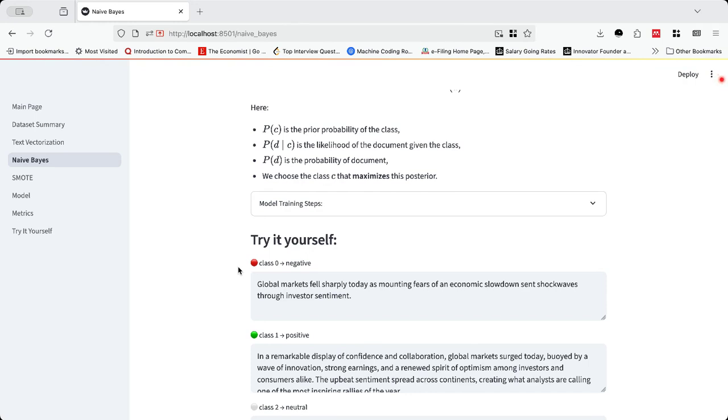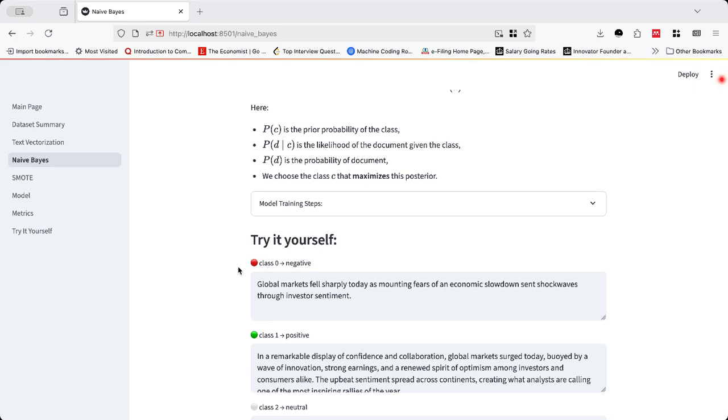So, before talking about how we do this for a document, let's just look at a particular word. Let's take an example. Suppose we want to know about the word strong.